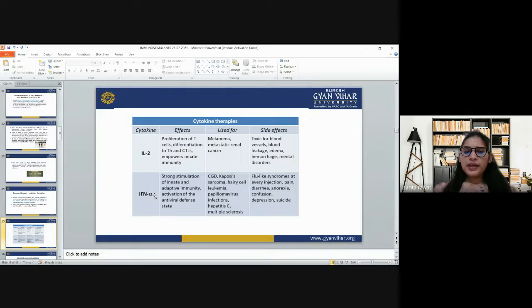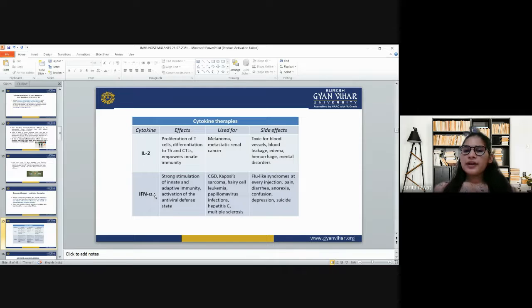Next we have IFN alpha, interferon alpha. Its effects are strong stimulation of innate and adaptive immunity and activation of the antiviral defense state, and it is used in CGD, Kaposi's sarcoma, hairy cell leukemia, papillomavirus infection, hepatitis C, and multiple sclerosis.